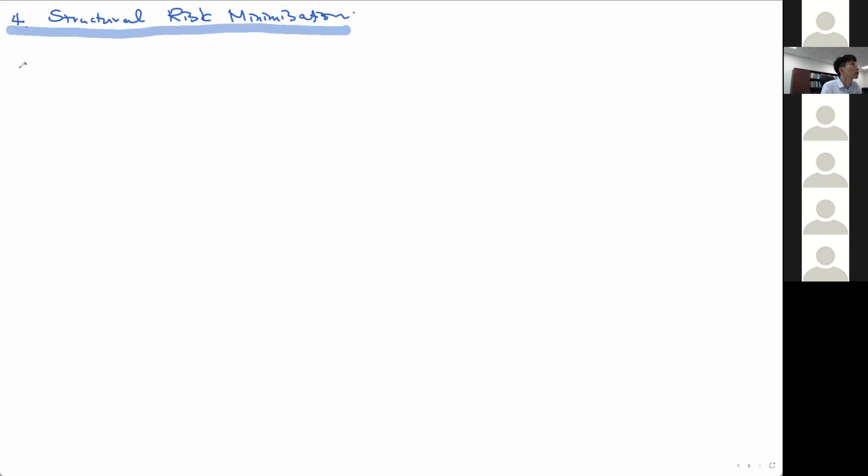The key idea is that instead of having one hypothesis set, we structure the hypothesis set as follows.